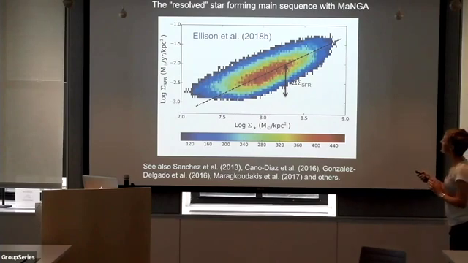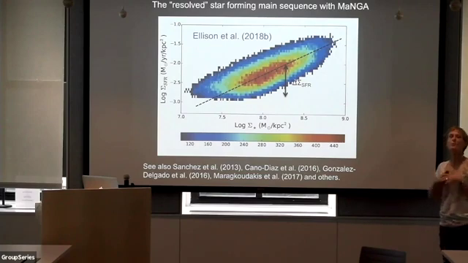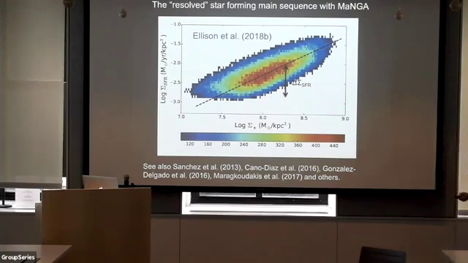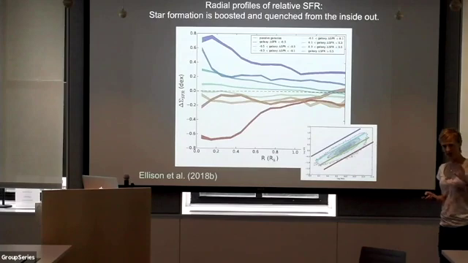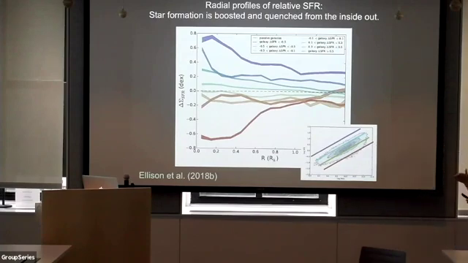Without going into any of the further nitty-gritty details, what you should remember from this is that delta sigma SFR is the offset in the star formation rate relative to what we would expect for a normal, statistical spaxel. To give you a sense of the way that we can use this statistic, here is a figure that, again, is nothing to do with mergers. It's looking at galaxies in general, depending on their total star formation rate.